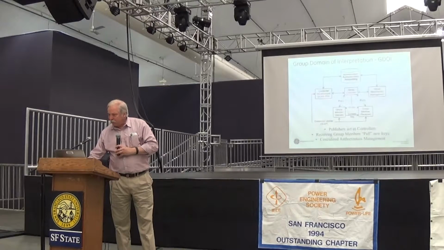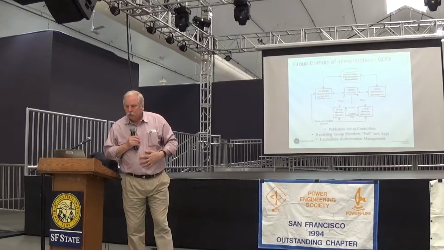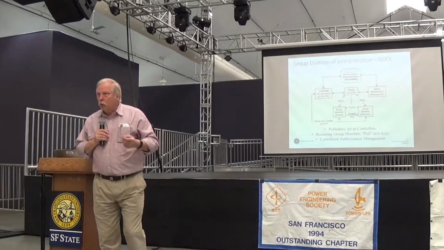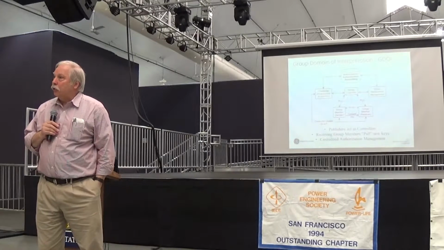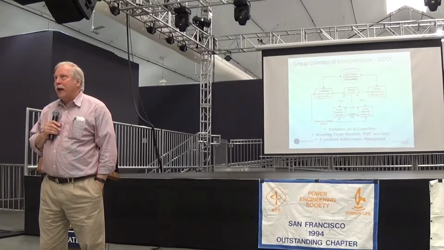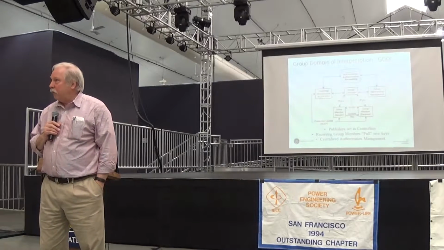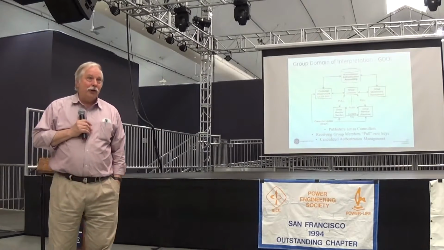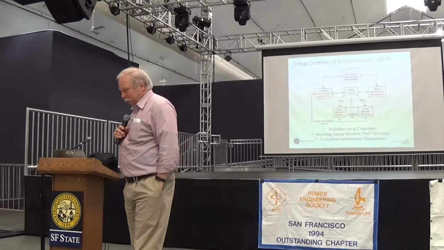The next piece, there's a couple of things. Just real quickly, the other part of this group domain of interpretation: right now, we have created a utility-specific version of this GDOI. So what's specific about it for the utility world?